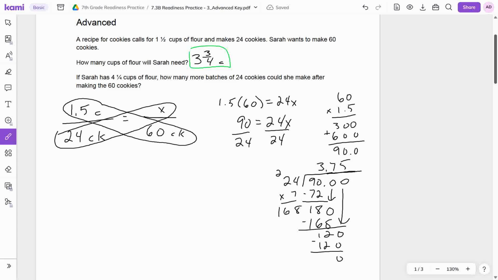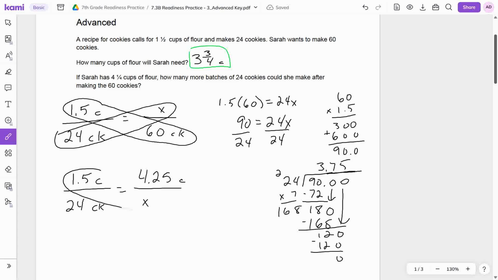So I'm going to go back to my initial proportion of 1.5 cups over the 24 cookies. But now what I have is a new amount of cups of flour. This is going to be 4.25, because remember, my 1/4 makes the 0.25 cups of flour. Here's my question, I'll make that my x right there.